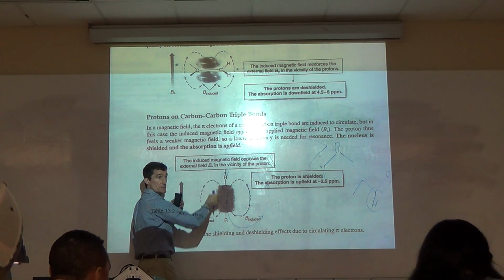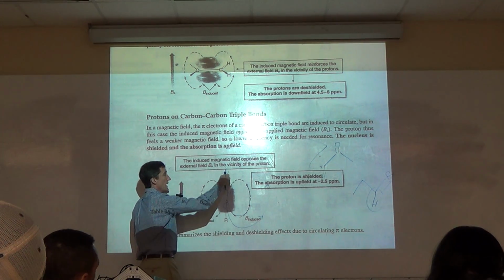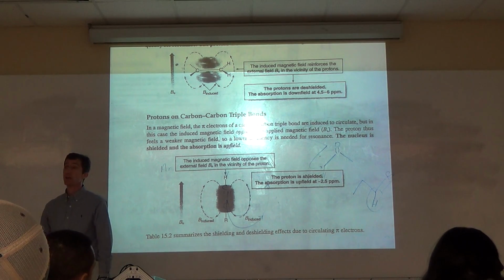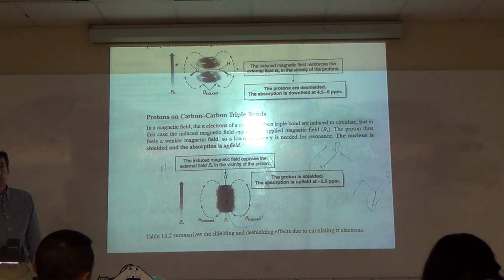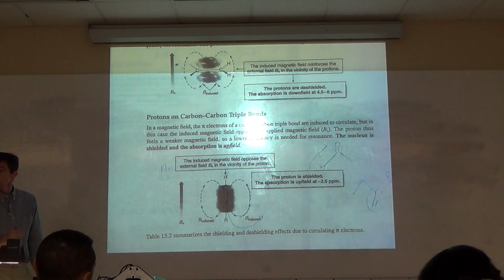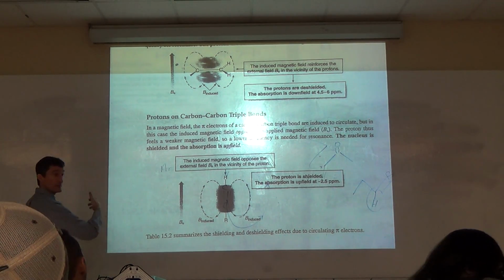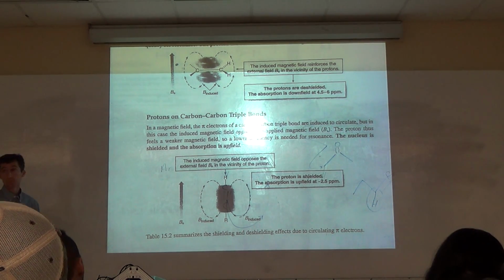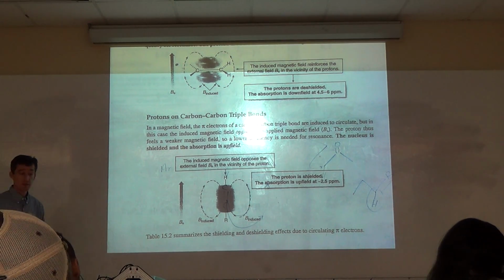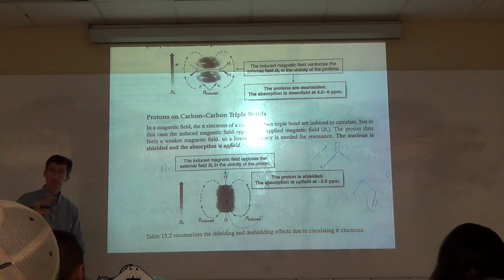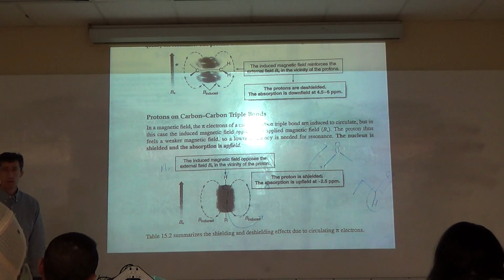You see where that H is and how this is oriented, it's actually opposing, which is shielding or deshielding? It's the shielding effect. That's why this particular H is way more to the right. These are called anisotropic effects that depend on the orientation of the molecule in the field.